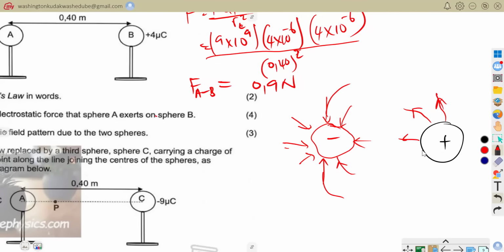so pardon me on my drawing there, but I'm sure you can see what's more important is the idea of what is happening there, because they said draw the electric field that would be due to that. So that would have been so that you would have these ones attracting like that.